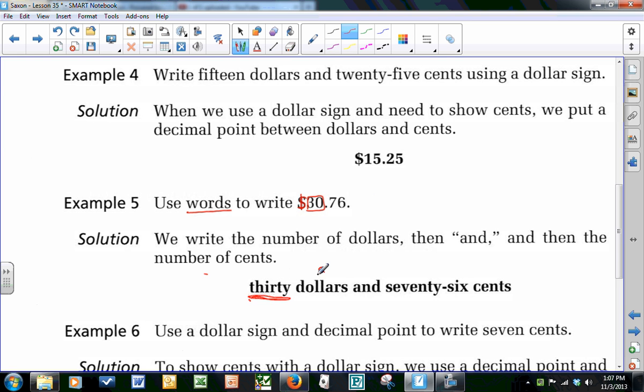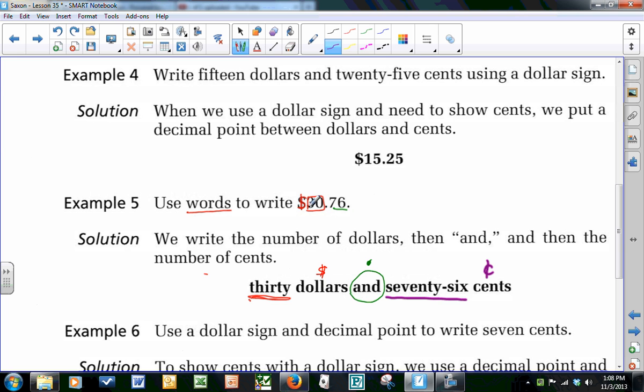30, and then here's where your dollar sign comes in. $30, and then there's the word and that goes for your decimal point, and then you have 76, so that's your money amount, and then here is how many cents. Here are how many cents you have, 76.